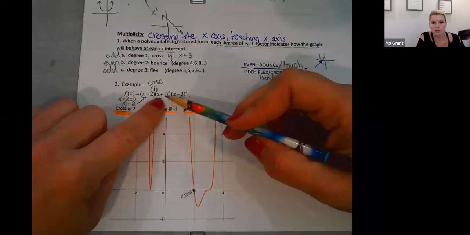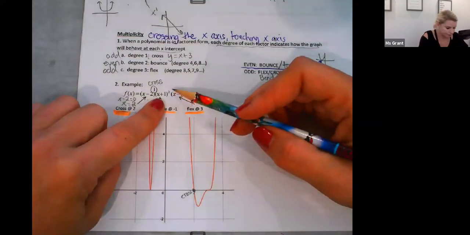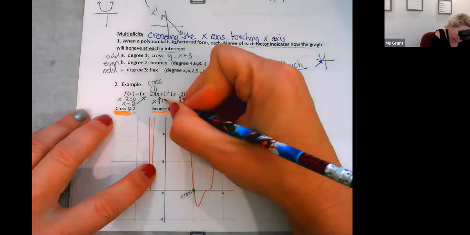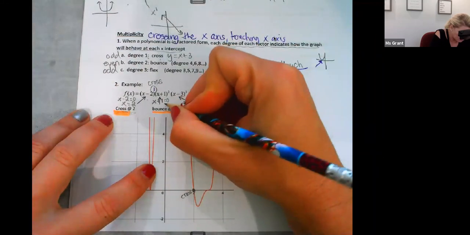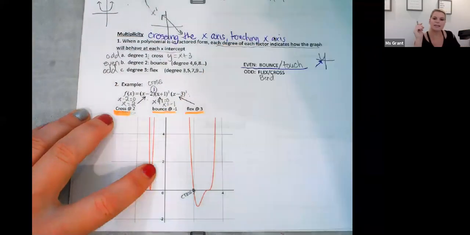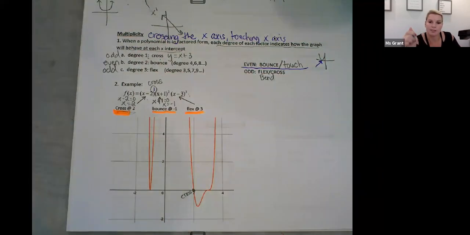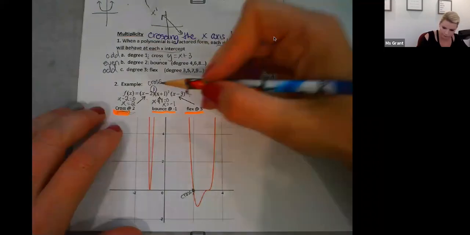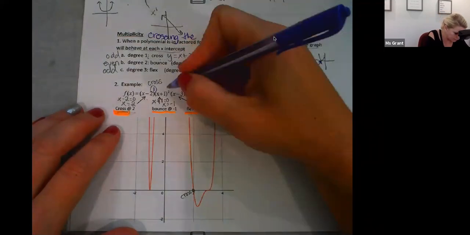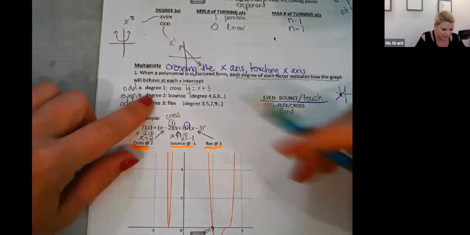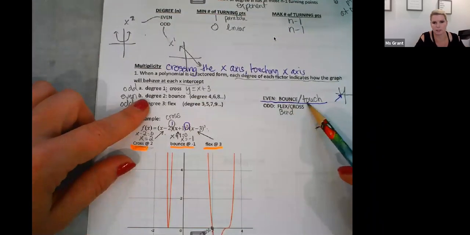This x plus 1 squared means x plus 1, x plus 1. Factor it, solve for 0. X equals negative 1. That's one of my x-intercepts, negative 1. Is it crossing or is it bouncing? Look, here's an exponent of 2. That's an even degree. An even degree bounces, touches.